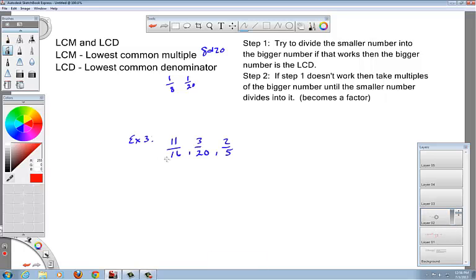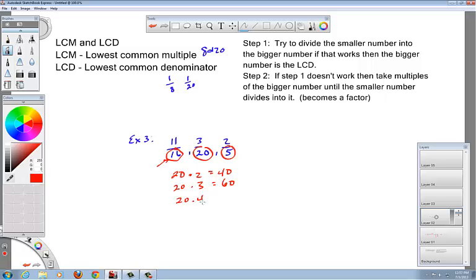So now for example 3, I have 3 different denominators, 16, 20, and 5. We'll just circle these. There we go. 20 obviously doesn't work, although 5 goes into it. They all 3 have to when you have something like that. So 20 doesn't work, so we try 20 times 2, which is 40. 5 goes into it. 16, no. So we try again. 20 times 3, 60. 16 is the number that's the problem here, and it does not go into 60.